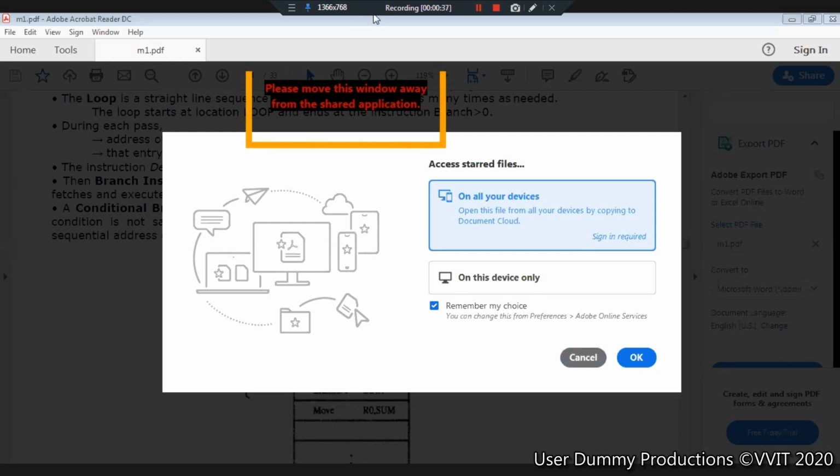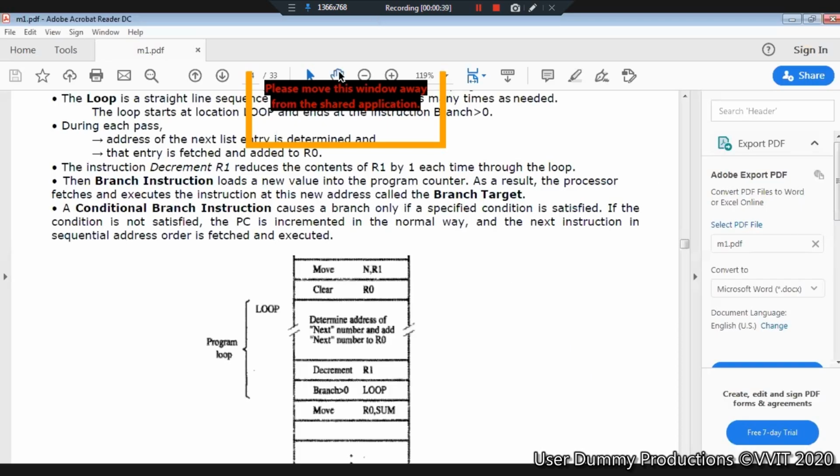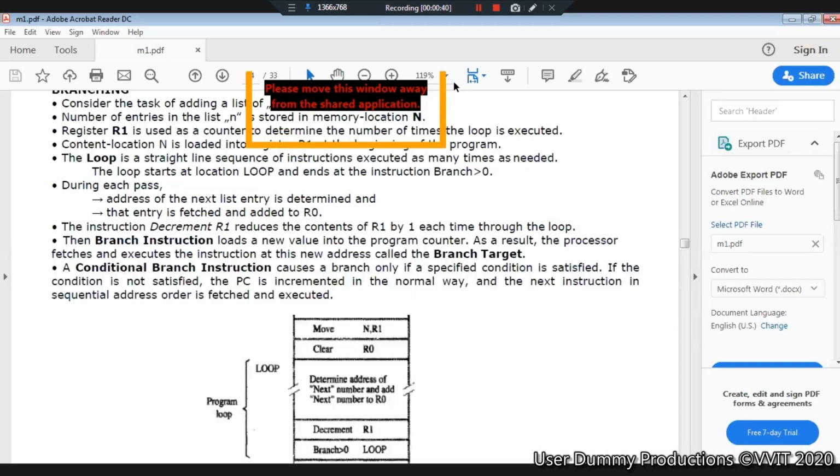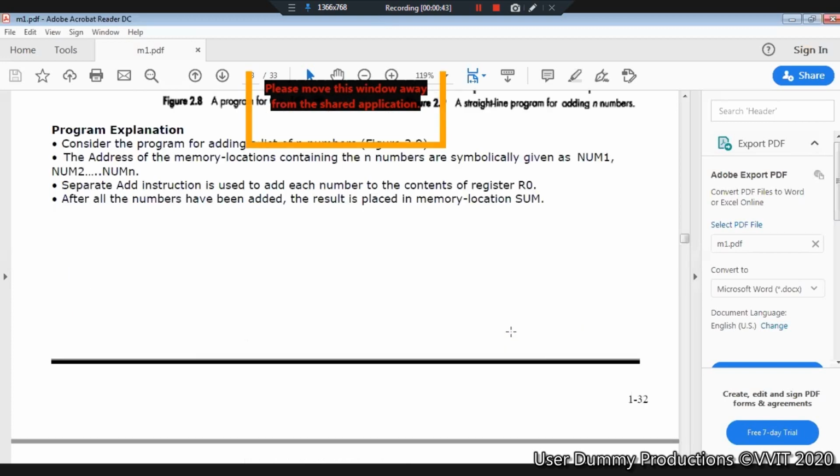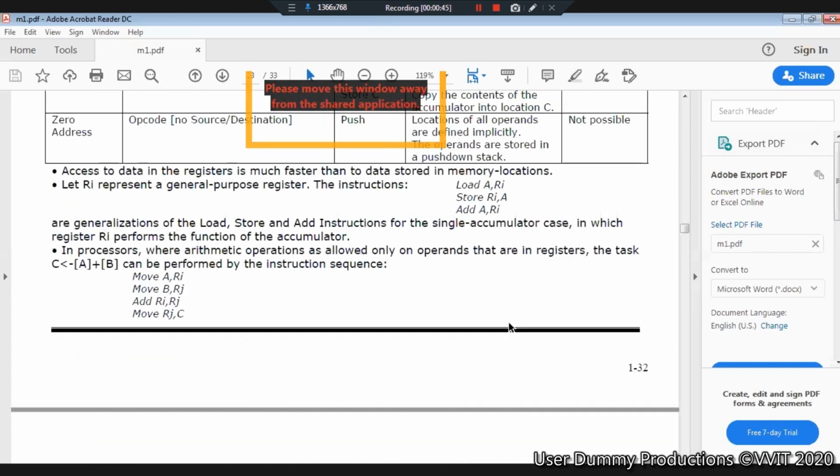So till now, what all did we do? The types of instruction.